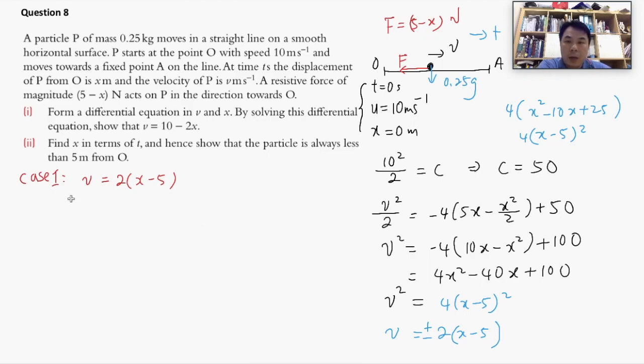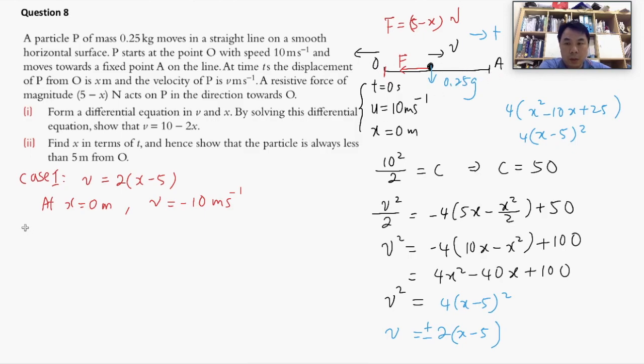At x equal to 0 meter, which means at the beginning of the motion, we found that v is equal to negative 10 meter per second. So since v equal to negative 10 meter per second, the object should be moving in this direction if the v is negative. So it shouldn't be moving in the direction towards A.